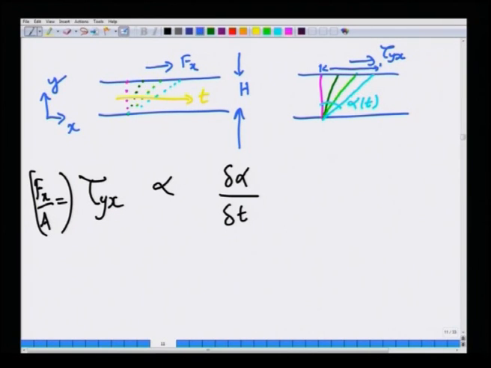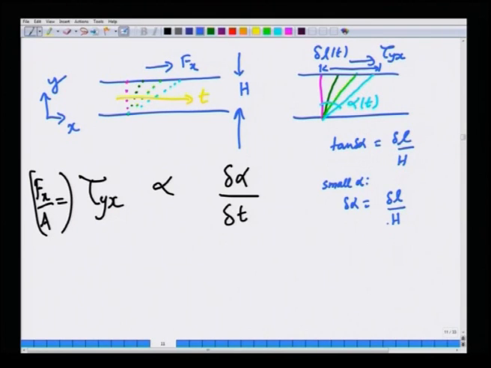Now, tan alpha is L over H, but for small alpha, in the limit of infinitesimally small deformation, if you look at a given instant of time, the deformation will be small. So, for small alpha, tan alpha is simply delta alpha, which is delta L divided by H.